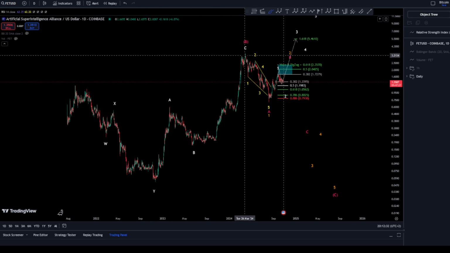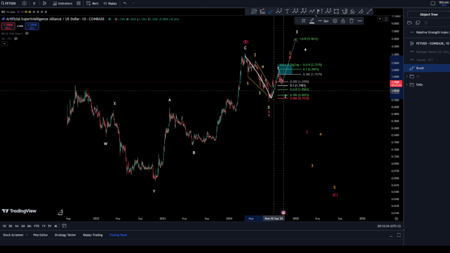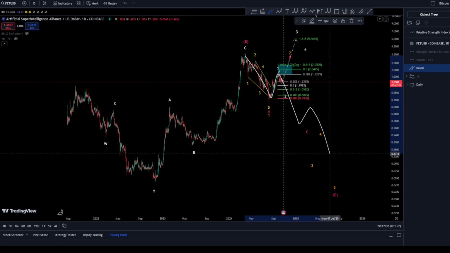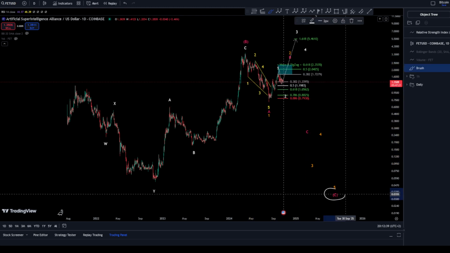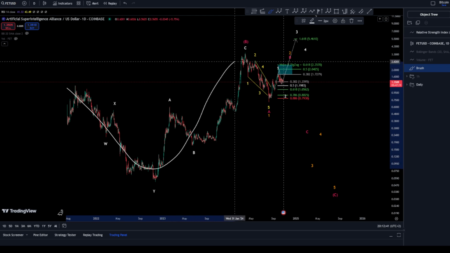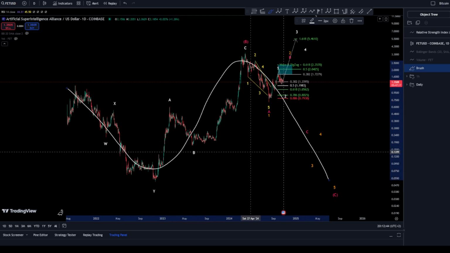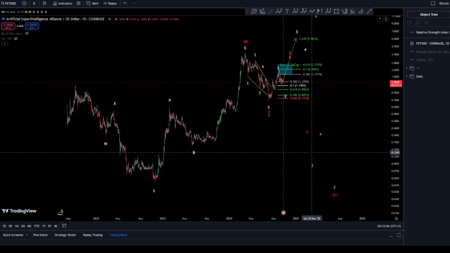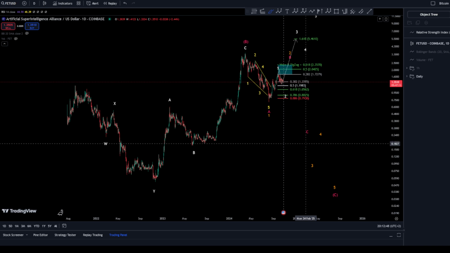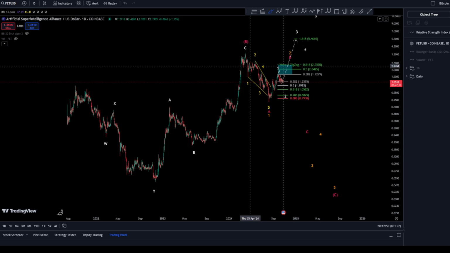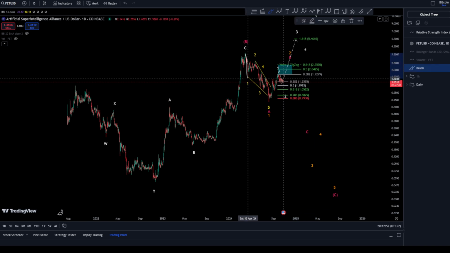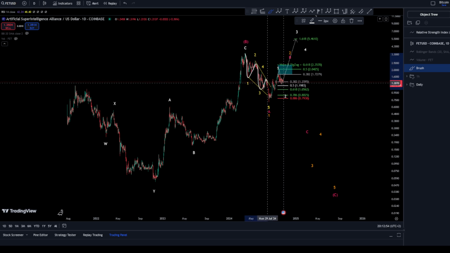the start. After that, we are looking then for 1, 2, 3, 4, and 5 waves for a wave C, an A, B, and a C, of course, as an expanding flat, where your wave C normally should be 5 waves towards the downside. Now, if we look closer, we are looking already here at 1, 2, 3, 4, and a 5.